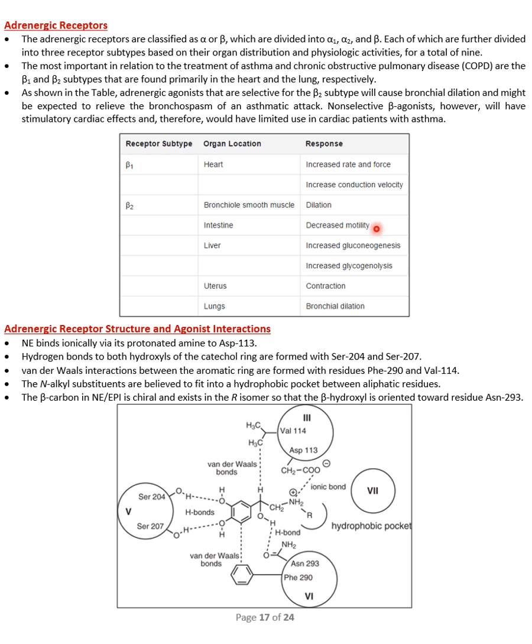You can imagine this, of course, by imagining the case of fight or flight. So in the case of the activation of the adrenergic receptor, you're going to see the sympathetic symptoms of lung dilation, increase in the heart rate, decrease in the motility of the intestine, and in the case of the liver, you're going to see an increase in gluconeogenesis, which means the synthesis of glucose.